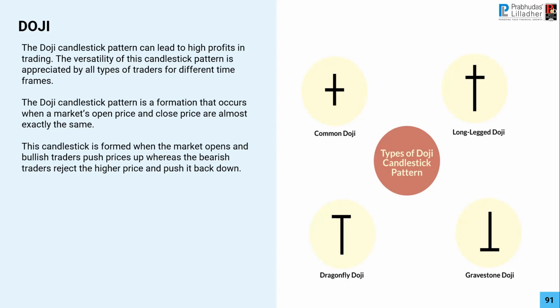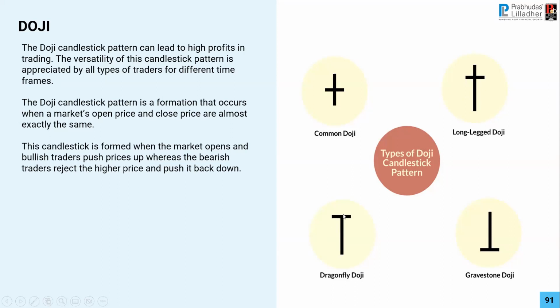So kya hota hai, usme body nahi banti hai. The opening and the close comes more or less to the same level. So we do not have a body. There are different types of doji. There is a common doji, which is like a cross over here. There is a long leg doji, which means that as you see the wick down below is a long leg.